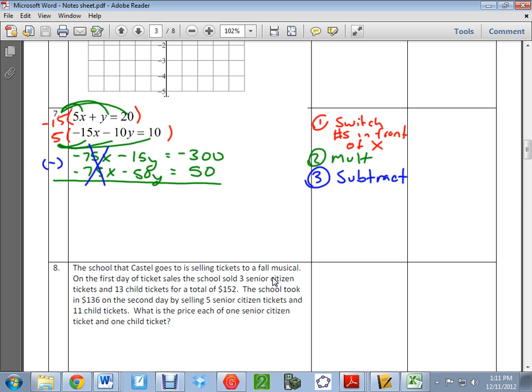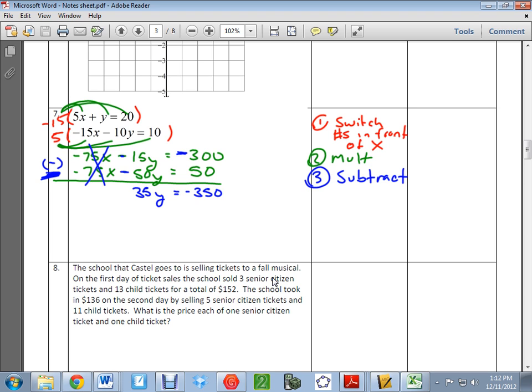Negative 15 minus, don't forget the minus, a negative 50 is a positive 35y, is equal to negative 300 minus 50, negative 350.